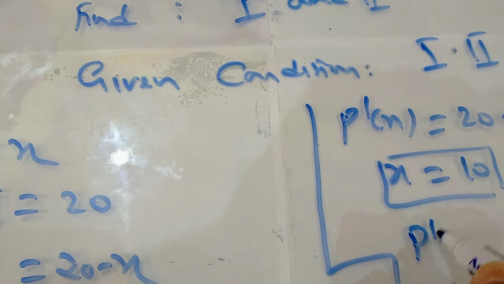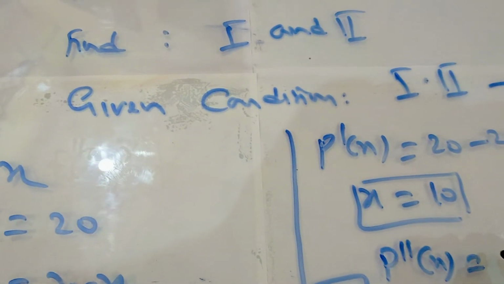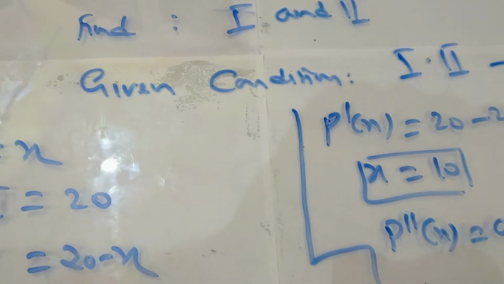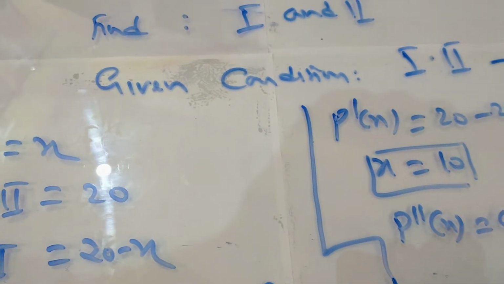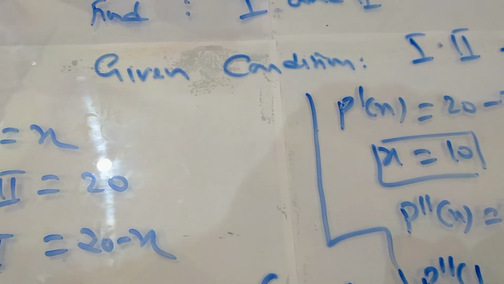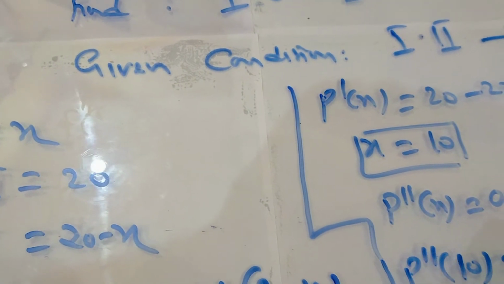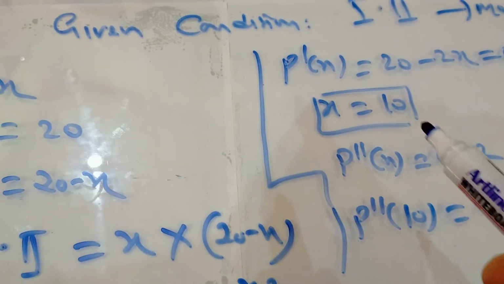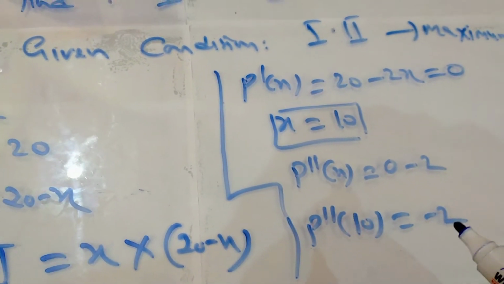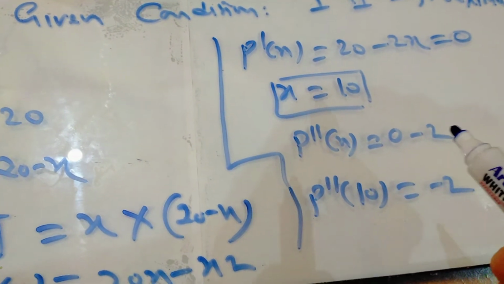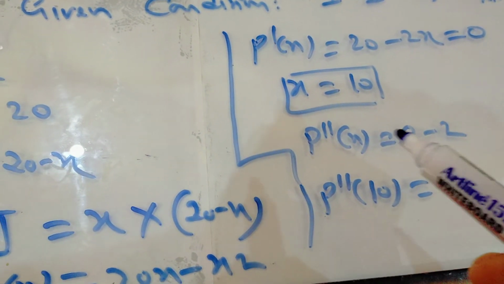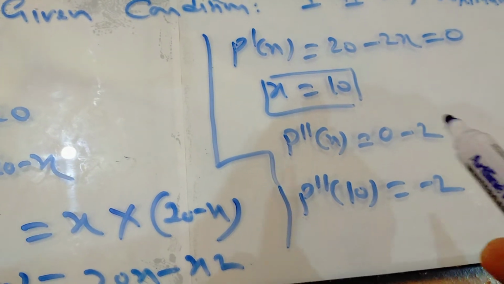Now I should differentiate one more time. It will give 0 minus 2. Now if I substitute this value x is 10, the answer is still negative 2, because no x term is available in this part.